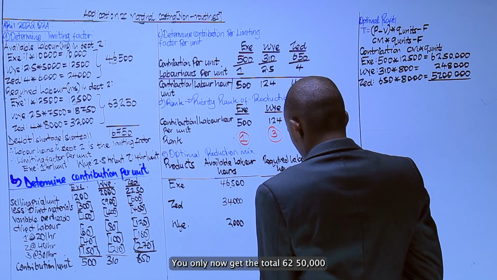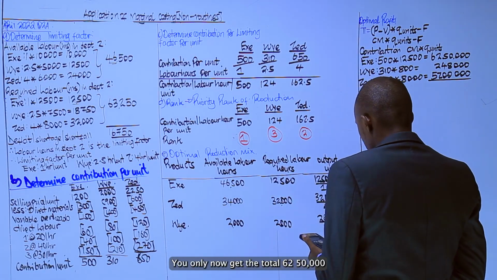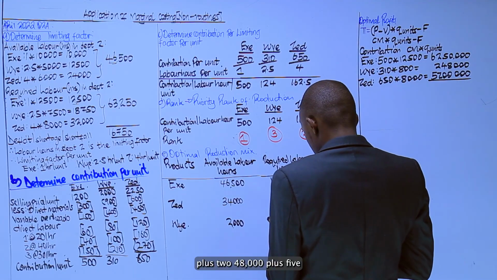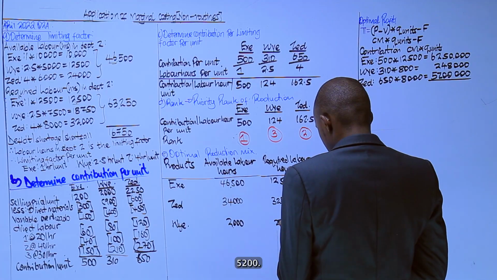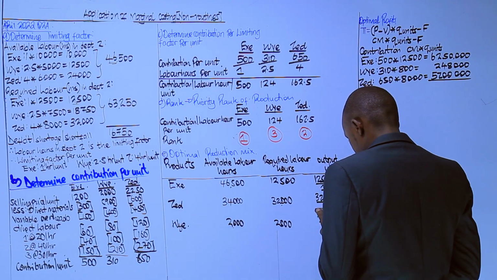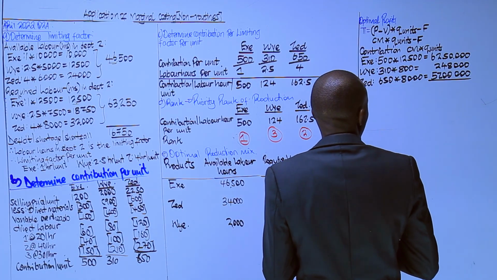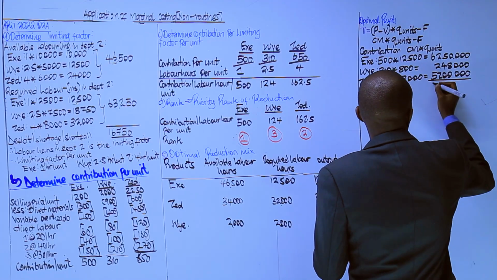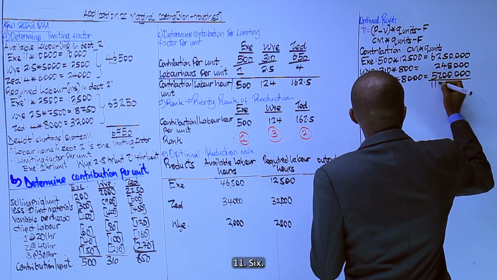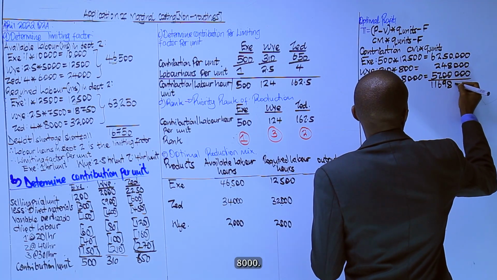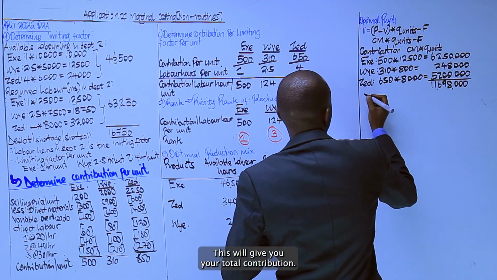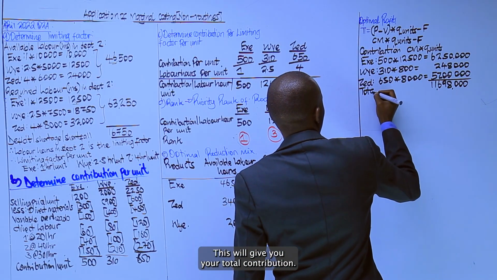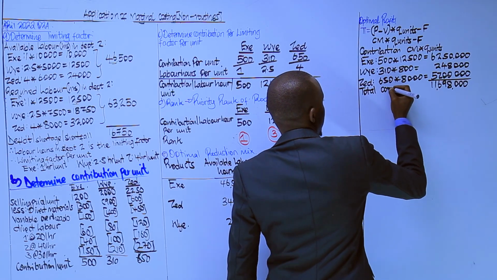You now get the total: 6,250,000 plus 248,000 plus 5,200,000, which is 11,698,000. This will give you your total contribution.